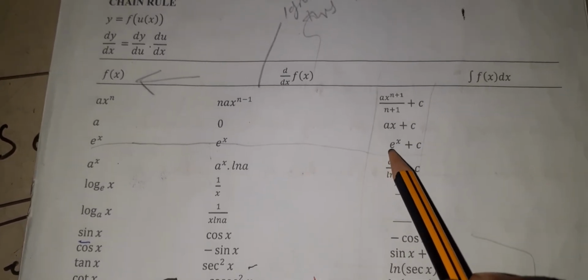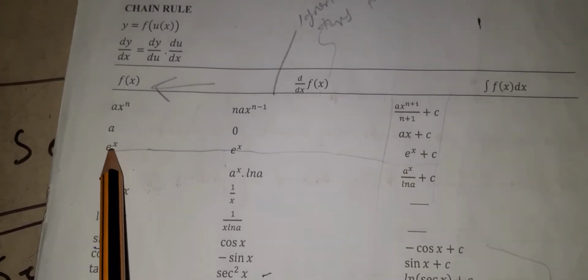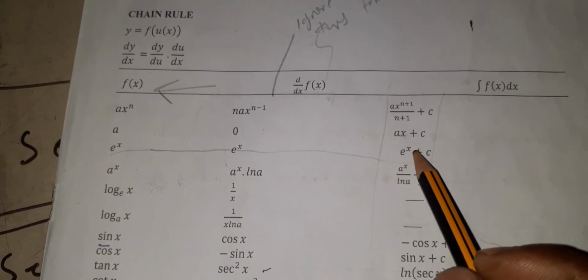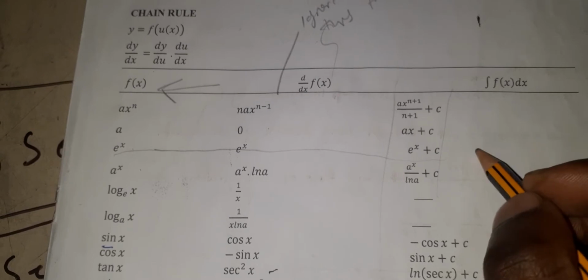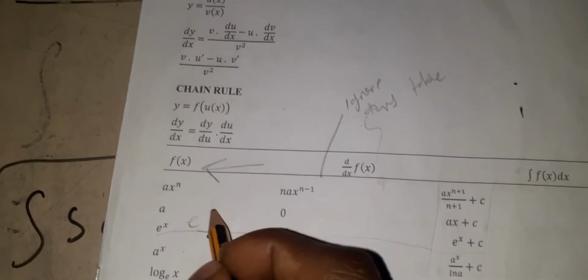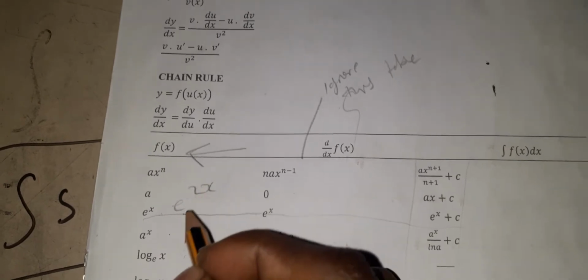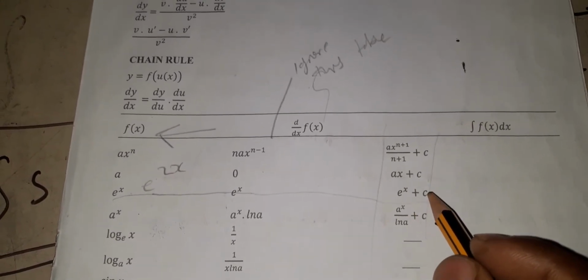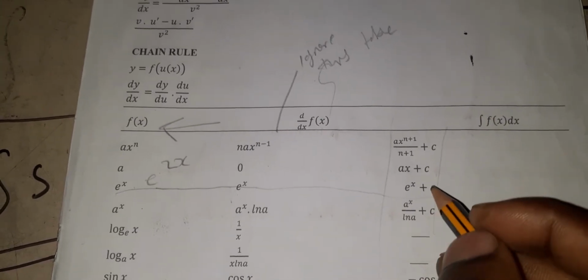They said e to the power of x is equal to e to the power of x plus c. But what if here they wrote e to the power of 2x? Then you can say it's equal to e to the 2x over 2. So that's where the tricky part comes.